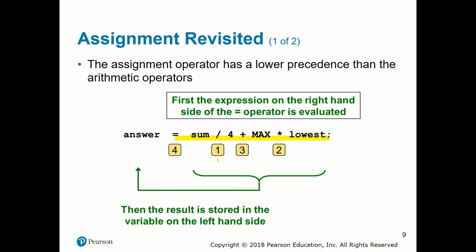Even if the right-hand side has a very complicated expression, we should evaluate the right-hand side first, and then store the result to the left-hand side. So, assignment operator always has the lowest precedence.